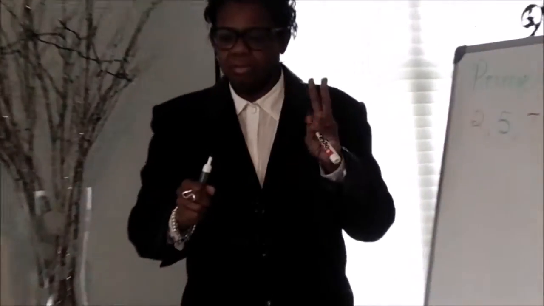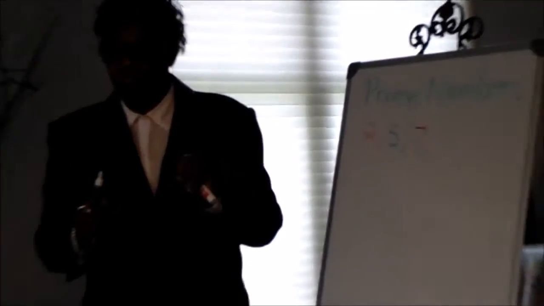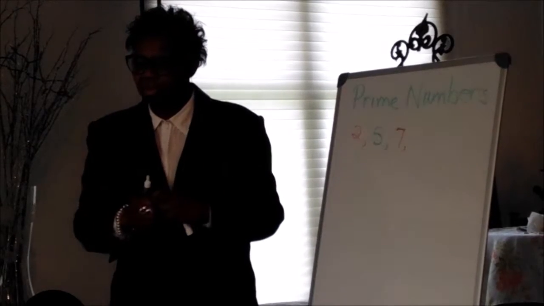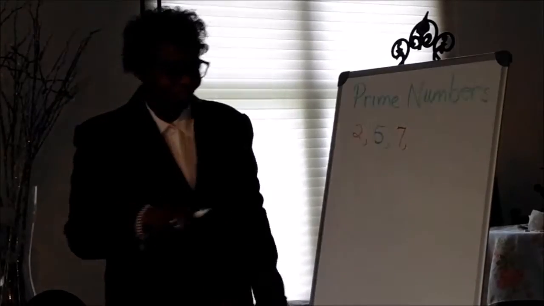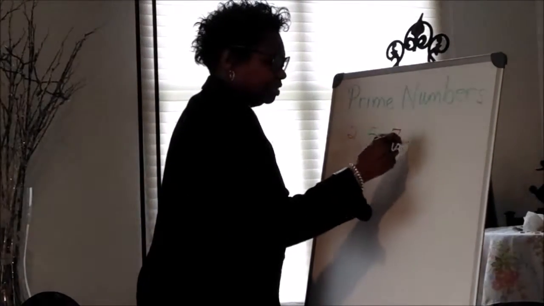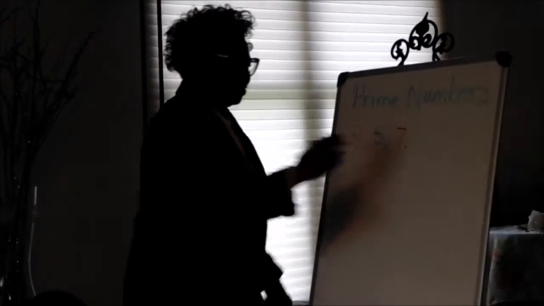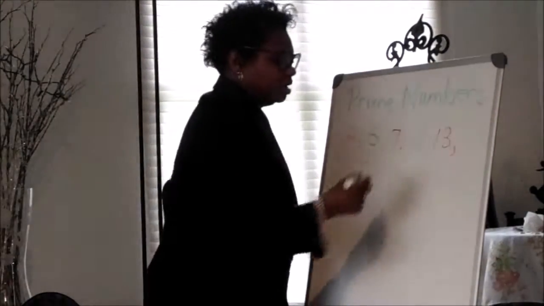What do you think, Ryan, in terms of your multiplication factors? What 2 numbers times themselves give you a number? They only have 2 factors. 11. Very good. Okay, I can think of another one. Okay, any other one, Nicole? 13. Okay, you write 13. Alrighty. Next.